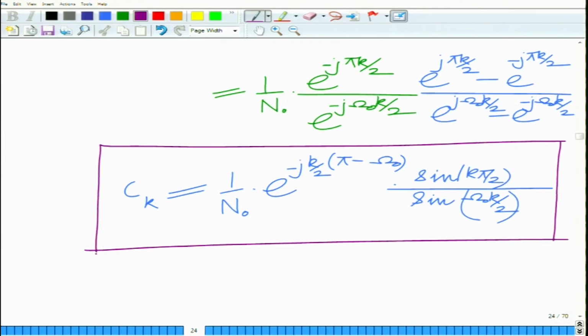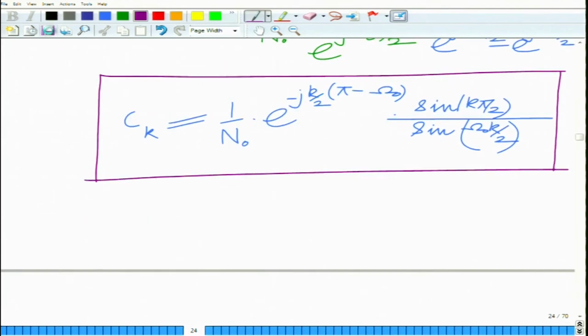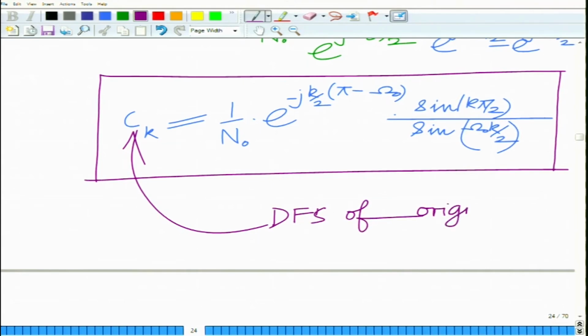So this is your expression for C k, the discrete Fourier series coefficient of the original periodic signal x[n].